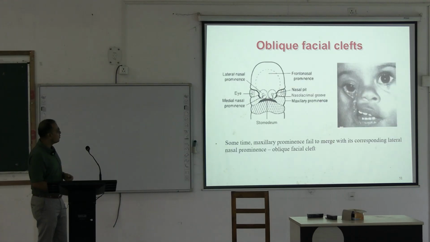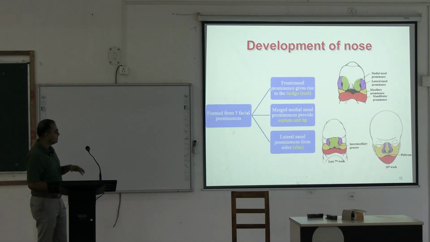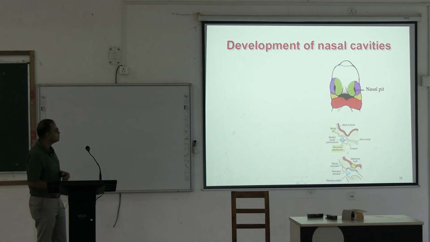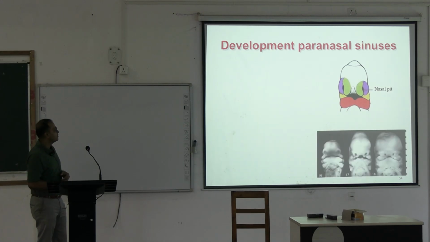Once the nose is formed, it develops the paranasal sinuses. The nasal cavity projects into the lateral bones present on its sides and creates the paranasal sinuses along with the surrounding bone. Mostly like the maxillary prominence, we have the maxilla, then we have the maxillary air sinus.